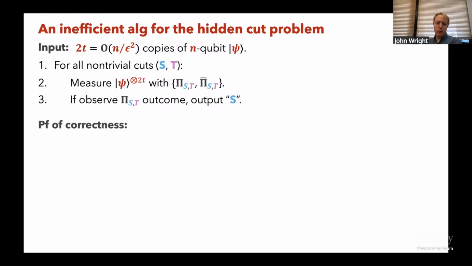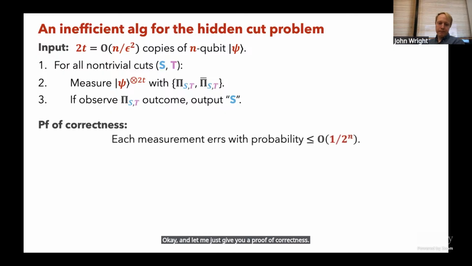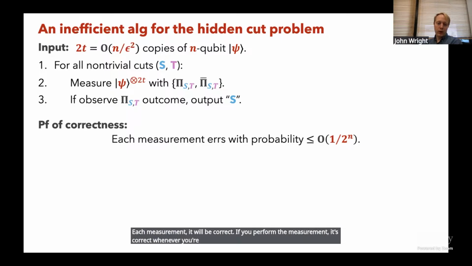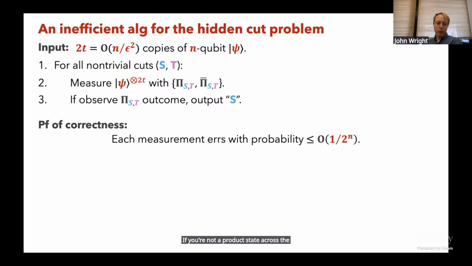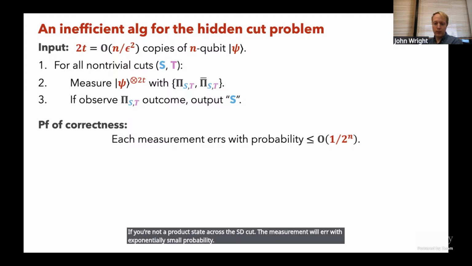Okay, and let me just give you a proof of correctness. Each measurement will be correct whenever you're actually a product state across the st cut. If you're not a product state across the st cut, the measurement will err with exponentially small probability, so we'll error with probability big O of 1 over 2 to the n.